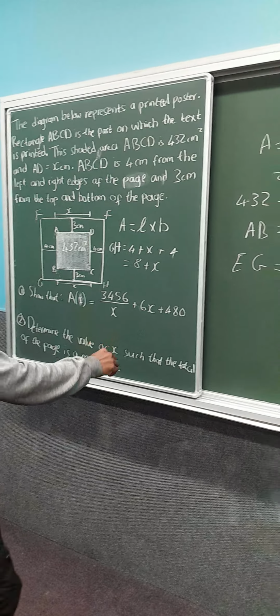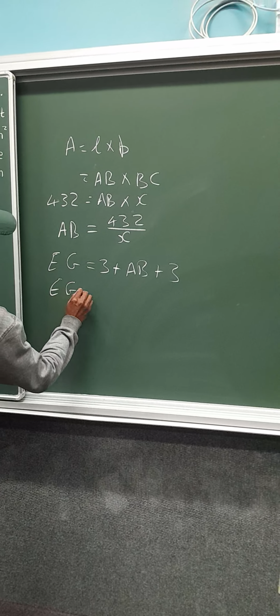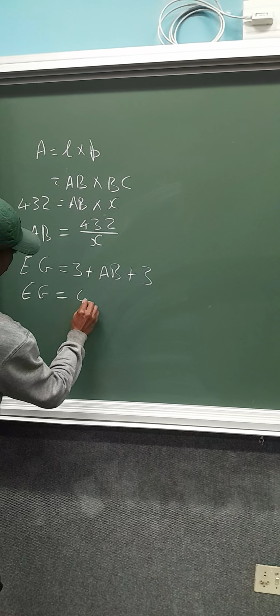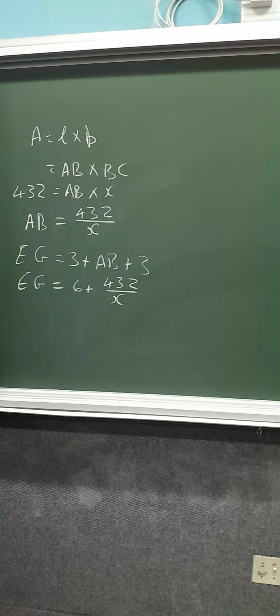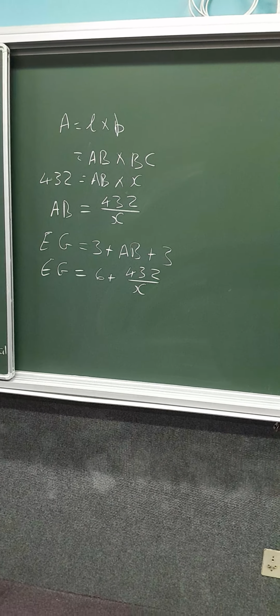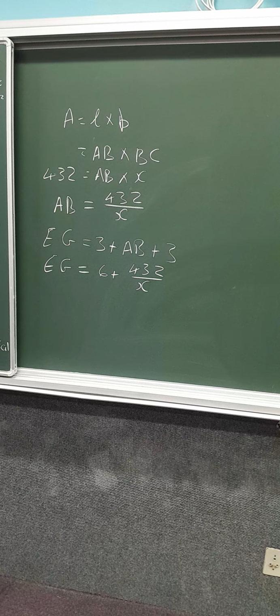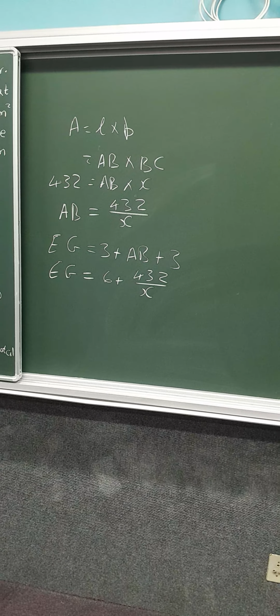So we're going to substitute and find everything. The length of EG is 6 plus 432 divided by x. So this is now the length of EG.